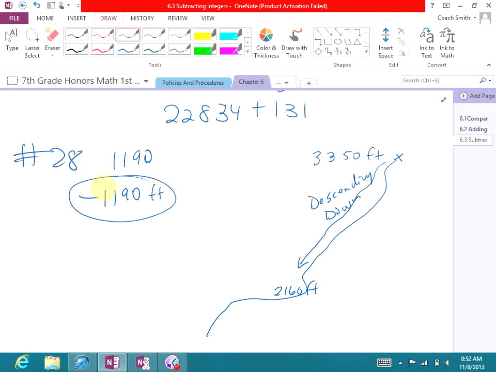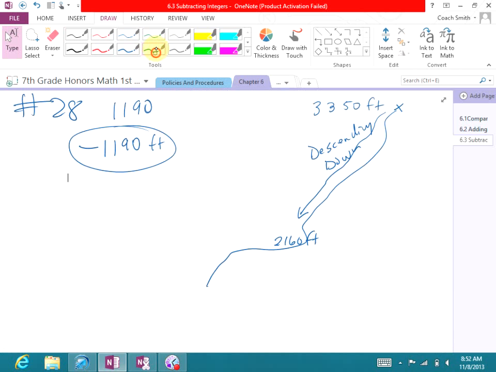The distance where you started should be the back end of the problem. For example, your problem should have looked like this. Your problem should have looked like that because you're subtracting the original starting point from the ending point. Most of you probably just said, okay, I'm just going to subtract 3,350 feet from 2,160 feet. If you do it properly, you subtract it the right way, then you would have had this.